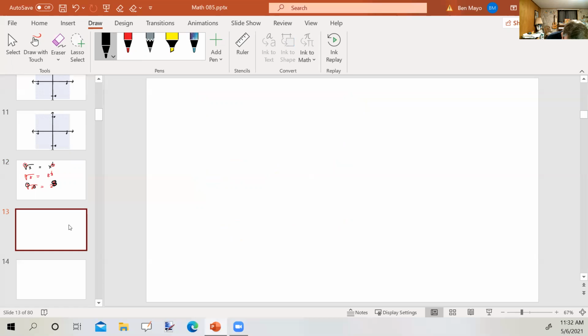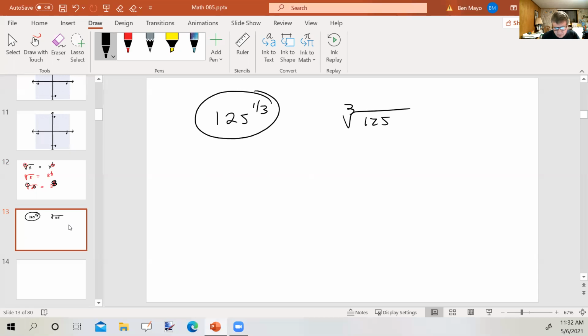Let's say we've got 125 to the 1/3 power. That is the same thing as the cube root of 125. But how could I put that into my calculator and come up with the answer, which would be 5 in both cases?